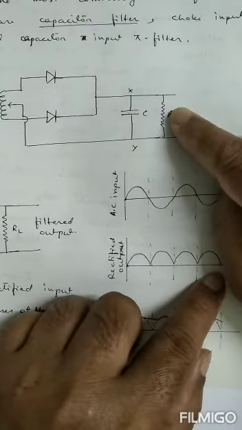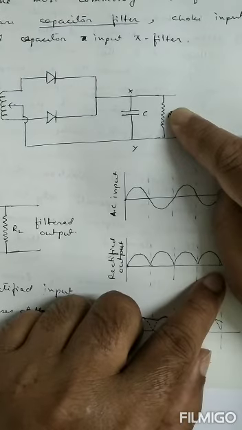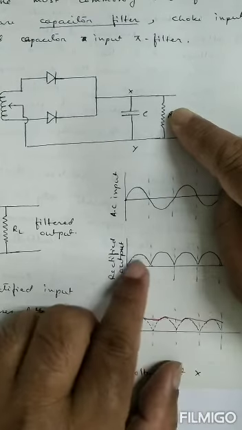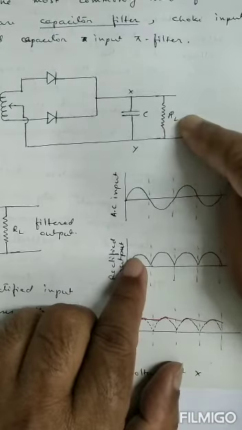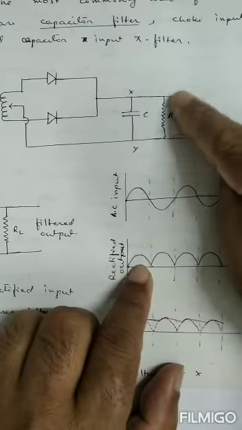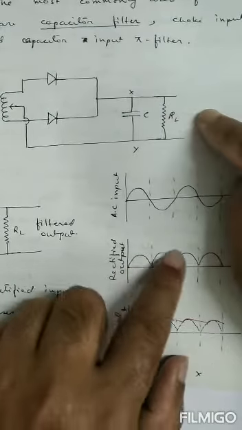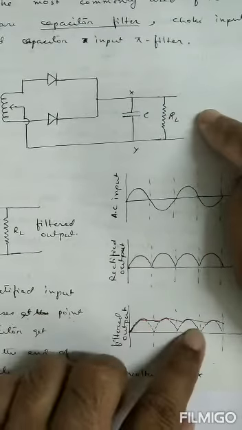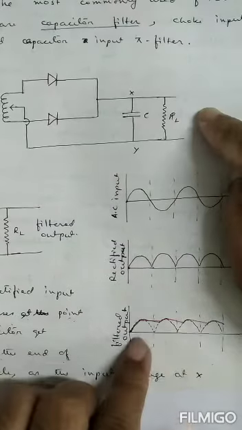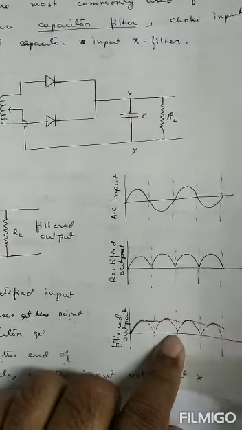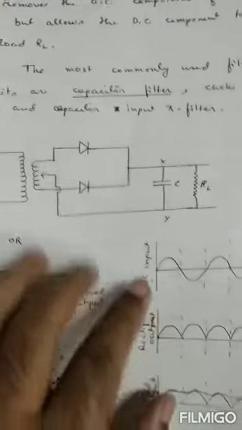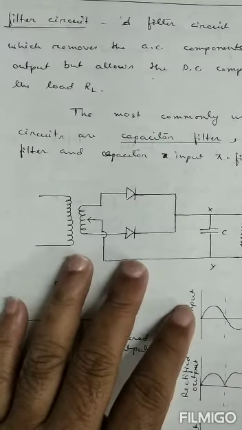What is DC current? DC current means constant current in a fixed direction. Here, the direction is fixed, but the magnitude of current and voltage changes. So therefore, we have to filter it. And this is called a filtered output. So what is a filter circuit?